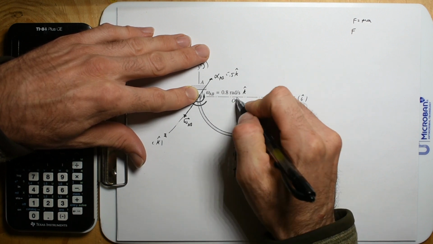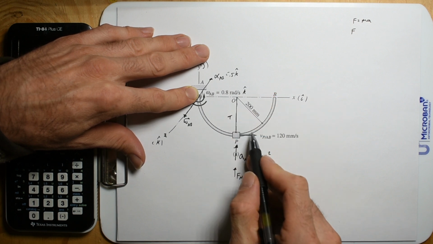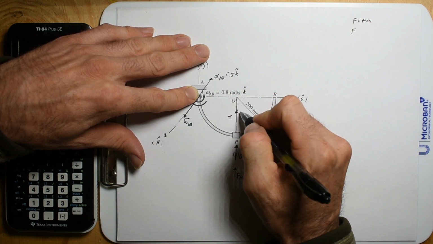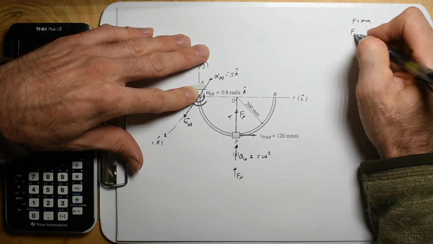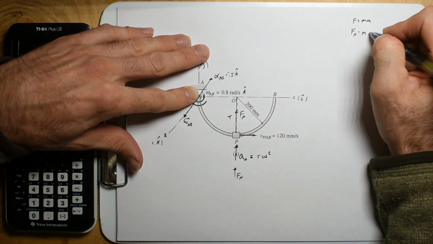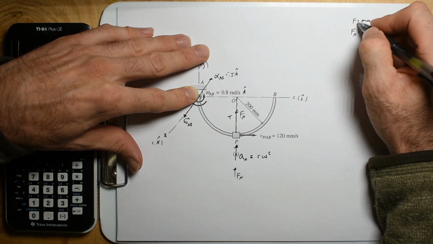Sometimes you would have a string, so you would get tension in a string, and that's going to be the force towards the center, the normal force. So if you want the force normal, that's mass times r omega squared. So this is the acceleration.